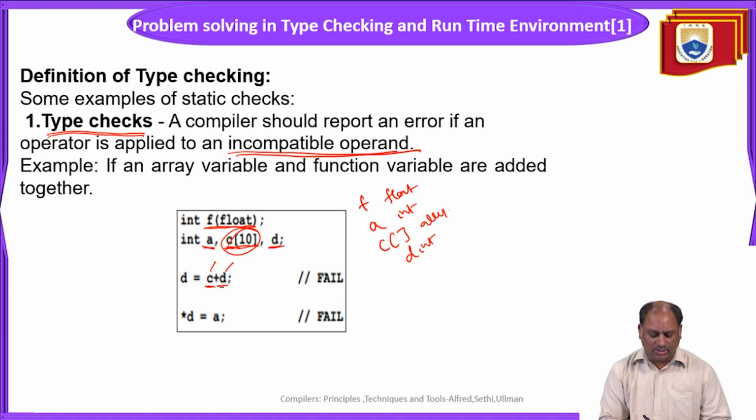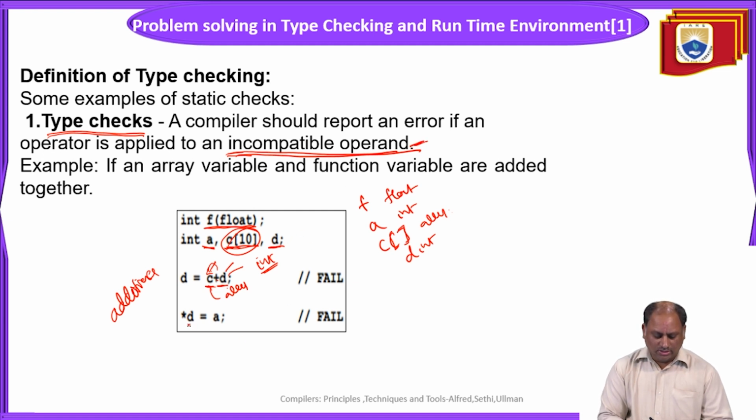We are performing an addition operation with the array, with the corresponding index integer. Here c is an array type and d is an integer type. The addition of these two does not match, so that is why these are called incompatible operands.